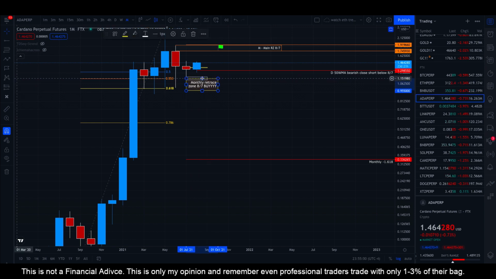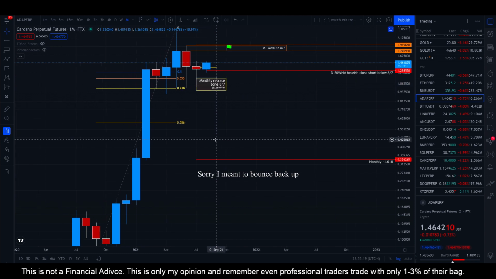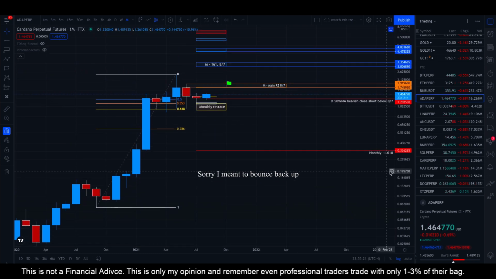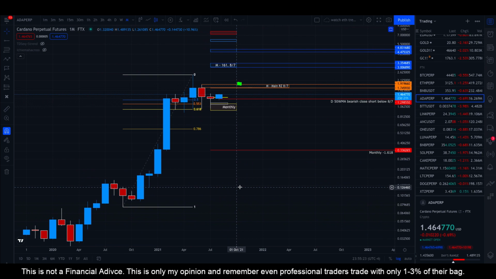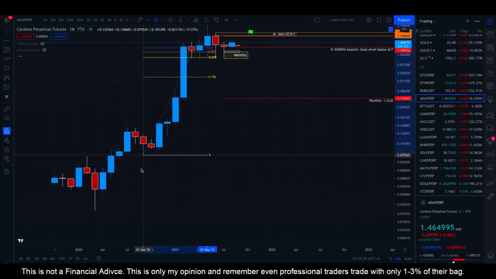Here I have my extension level, or rather my extension zone 618. So the price will retrace down to the yellow box here, and it may keep going or it may retrace back up. Okay, so this is how I got the yellow box.